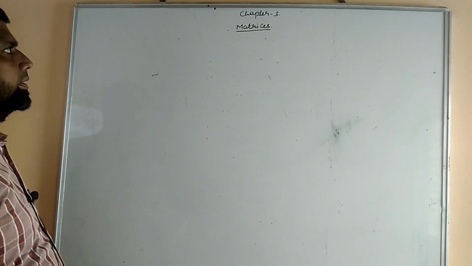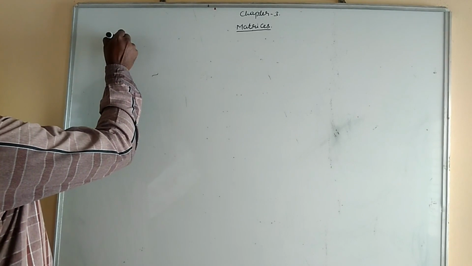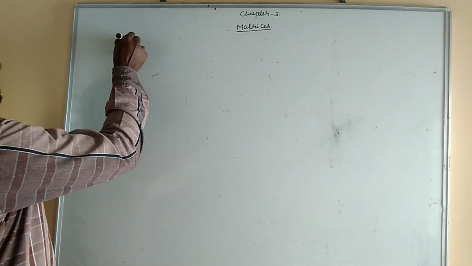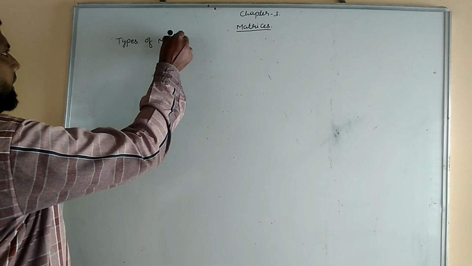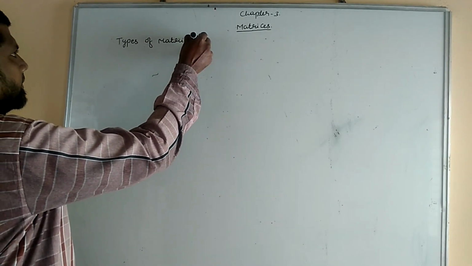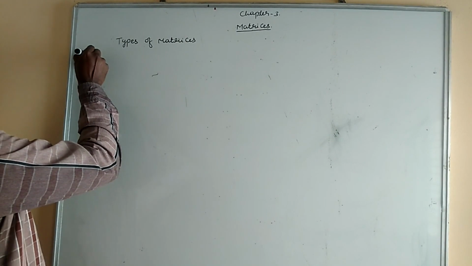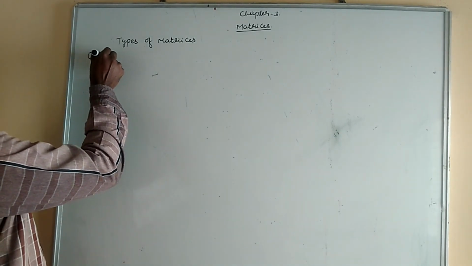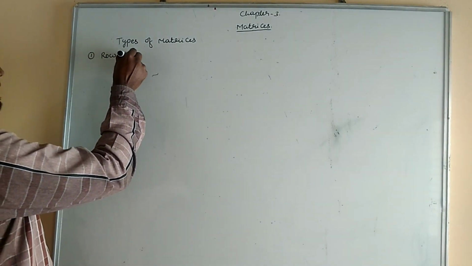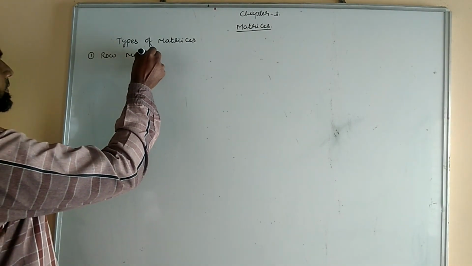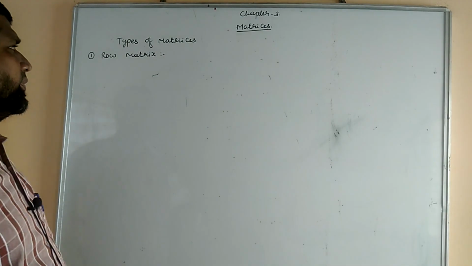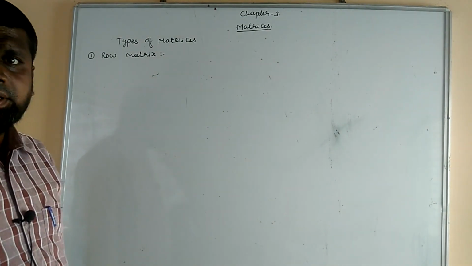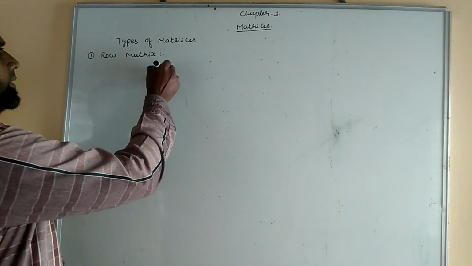Let us discuss about the types of matrices. First one, row matrix. Before going to define the row matrix, let us write the example.